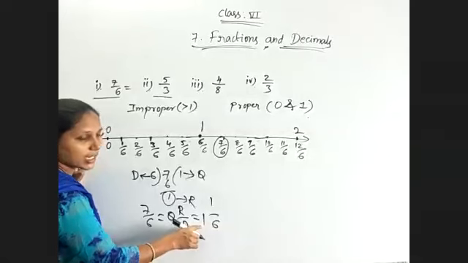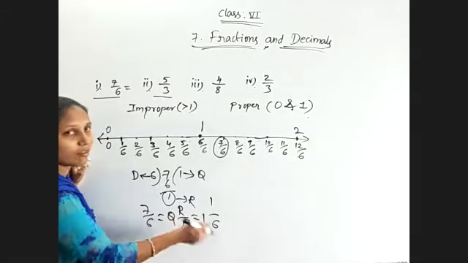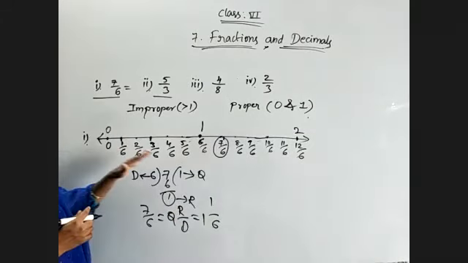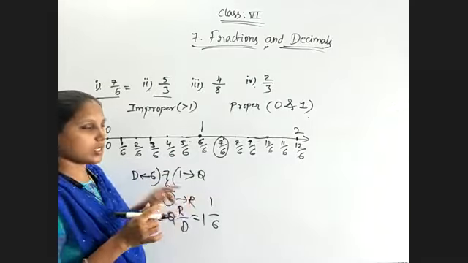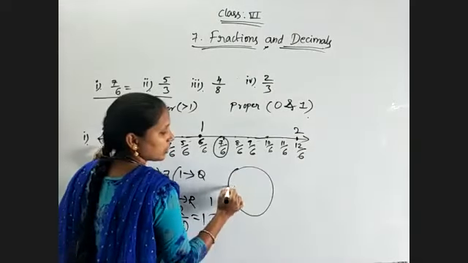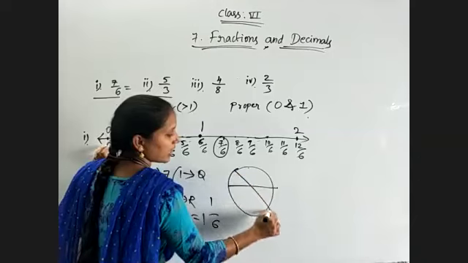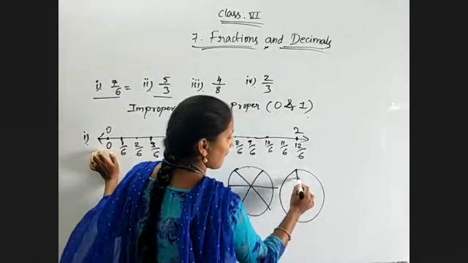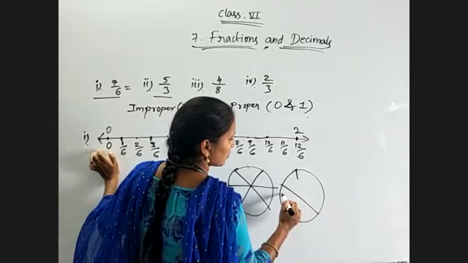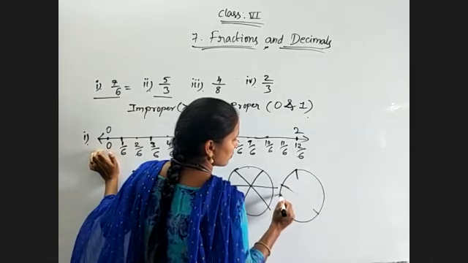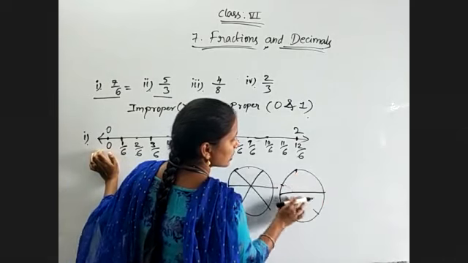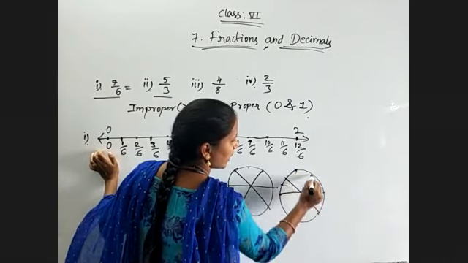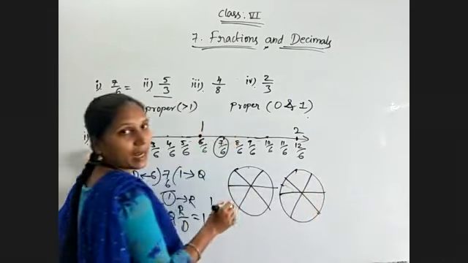Here we got quotient 1, which means this number lies between 1 and 2. To represent this pictorially, we need 2 wholes, and each whole is divided into 6 equal parts.